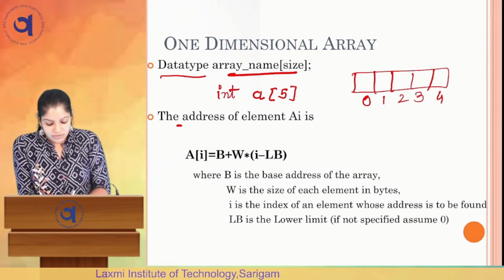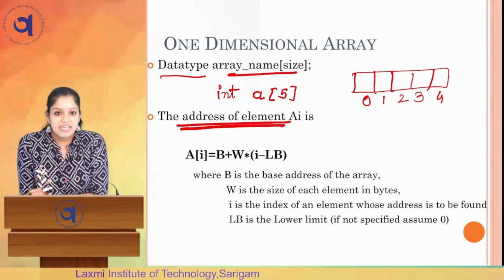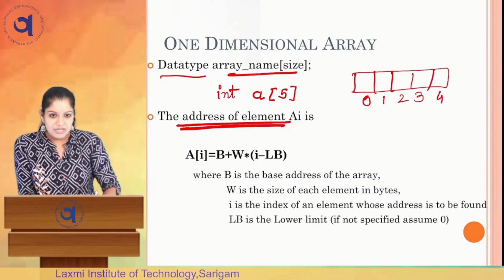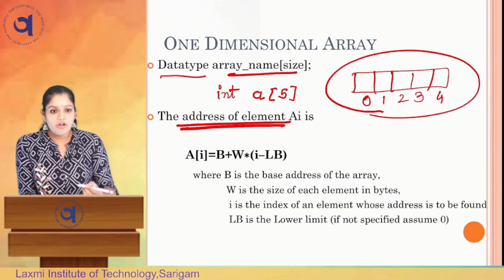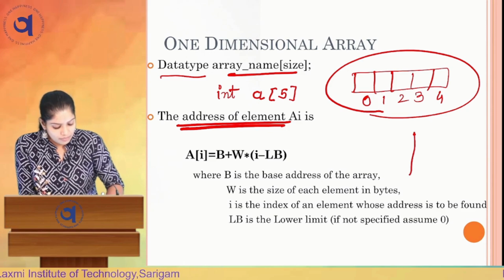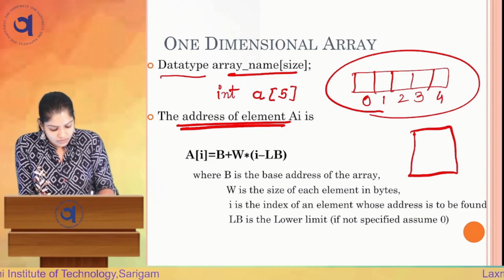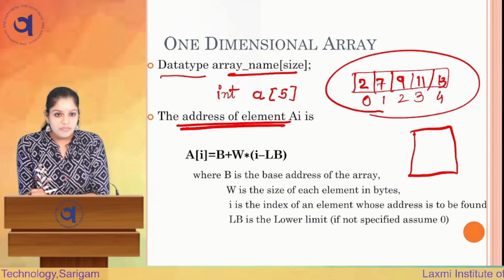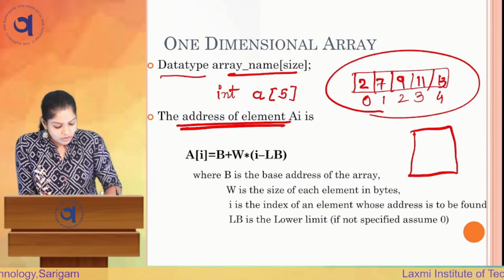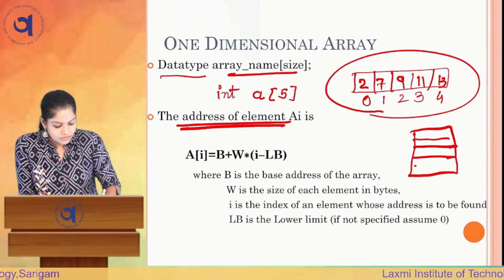Now, how can we find the address of an element? Because in a physical memory, this that we use is the logical part. Now, in a physical memory, suppose we have the data 2, 7, 9, 11 and 13, and I want to store it in the physical memory.